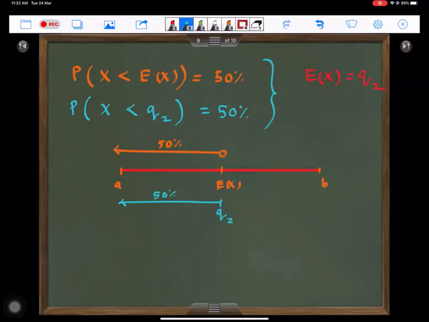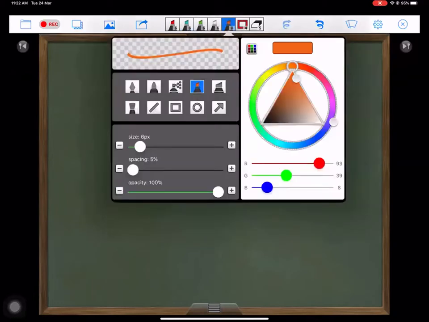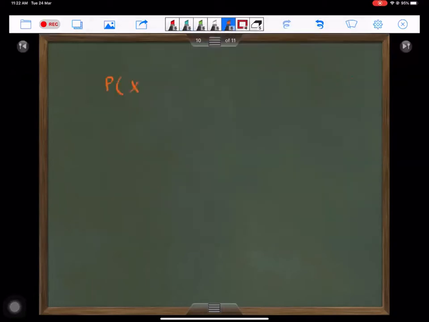What do you think is the third scenario? The third scenario is probability x lesser than expectation of x is 46.1%. We know probability x less than Q2 is 50%. Thus, median probability is fixed, it's constant.